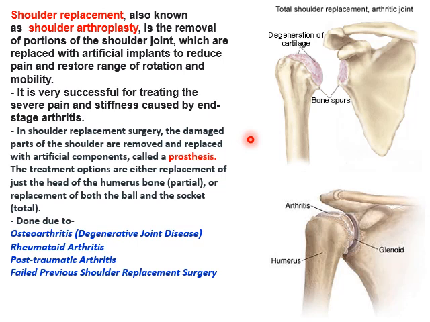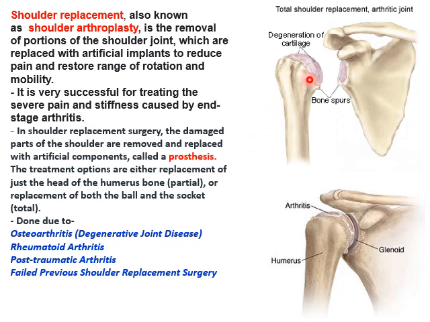Coming to the last rescue, that is the shoulder replacement. When nothing can be done surgically or treated properly, then the articular surfaces have to be replaced by a prosthesis to enable the patient to perform day-to-day activities or the movements at the shoulder joint.